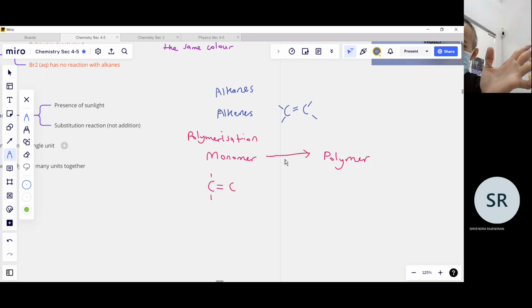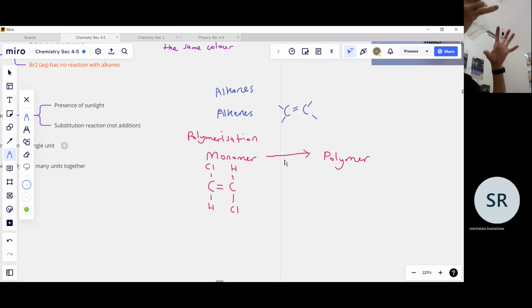Okay, so let's say I give you this one. H, Cl, H, Cl. I give you this random molecule. First thing, the double bond is there. So this can act as a monomer.